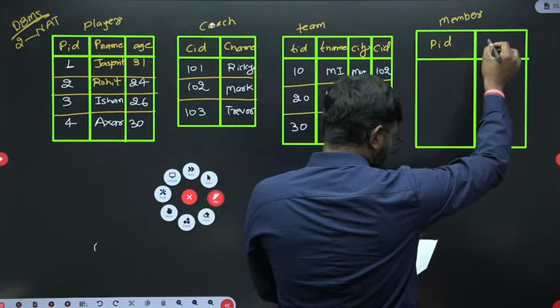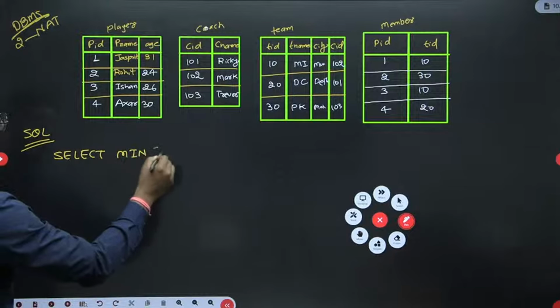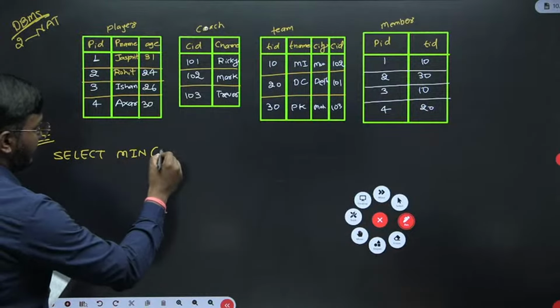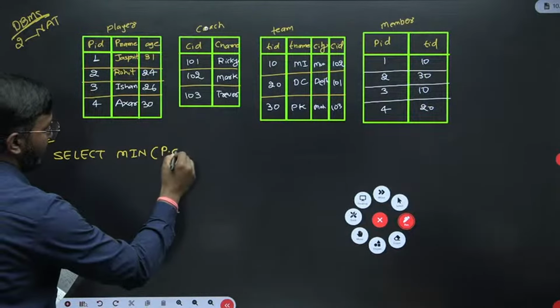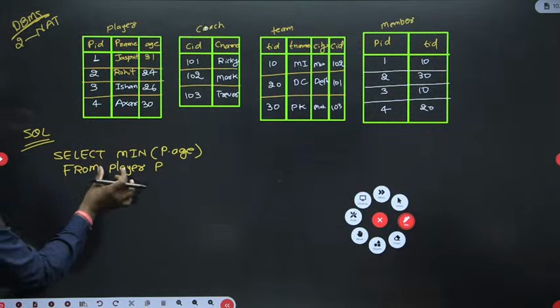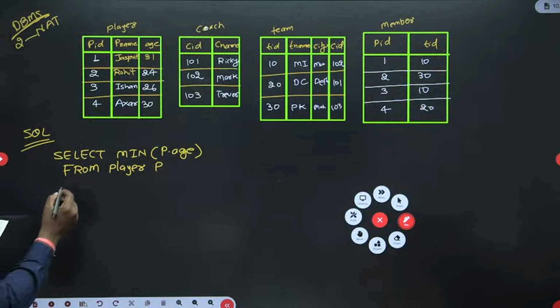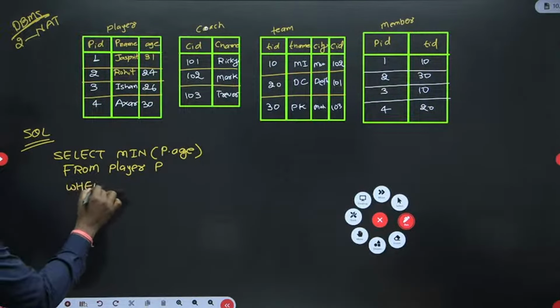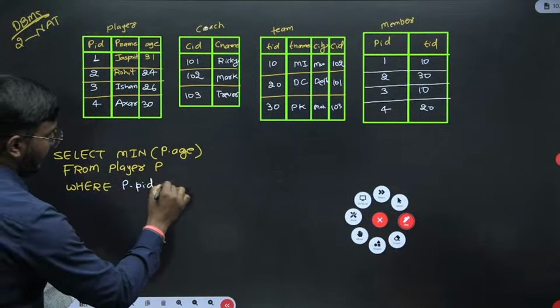See here, our SQL is: select minimum p dot age, from player as p, which means the relation player is renamed as p. Now we have where p dot pid in.